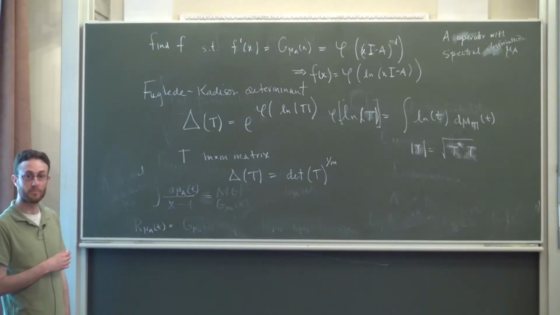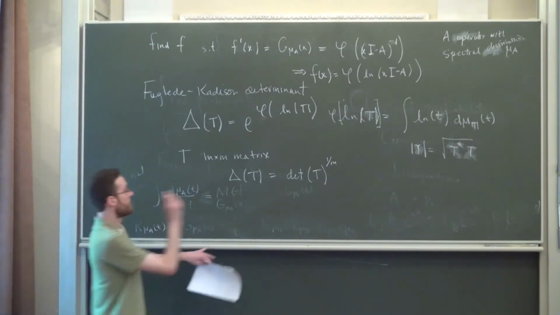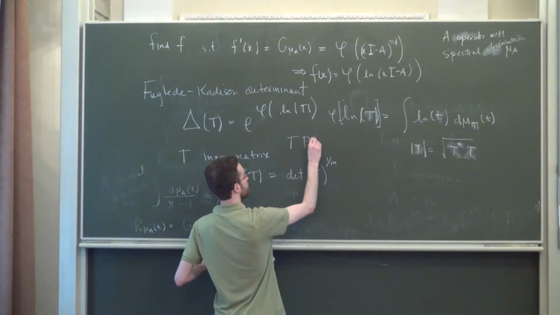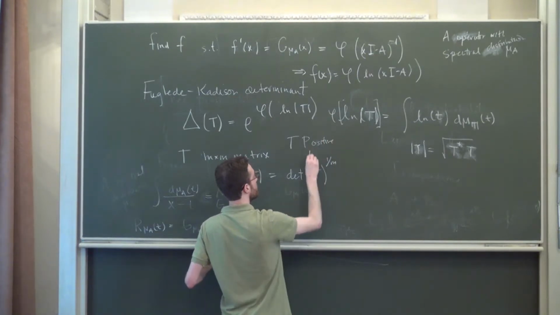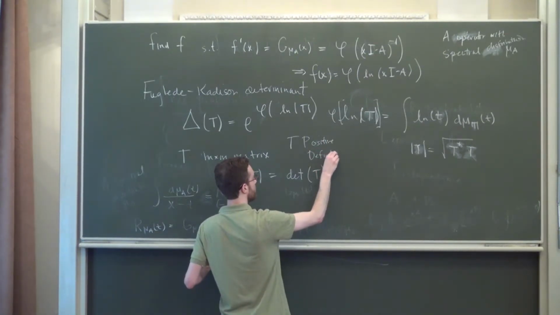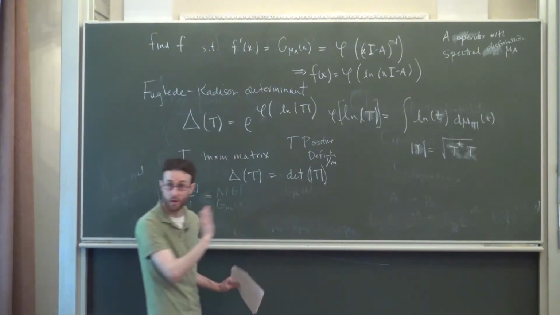T can be general, not necessarily positive, but you assume T is some kind of. Right, if T is positive semi-definite. Yeah, let me say positive definite. That's right. Actually, this is true regardless.